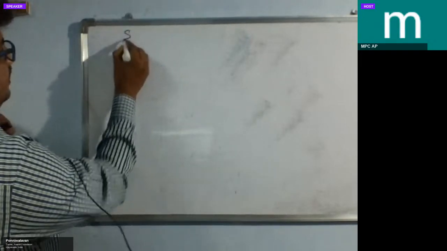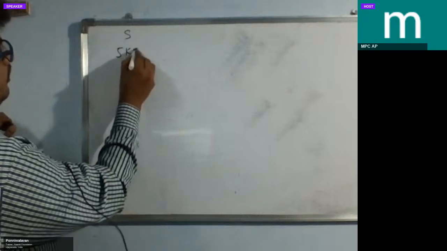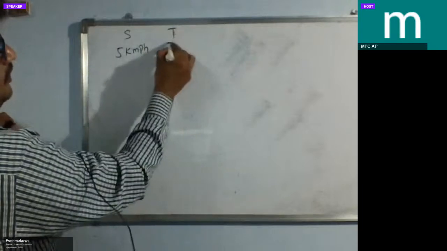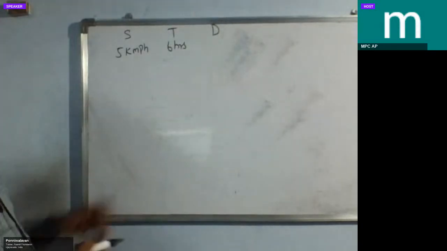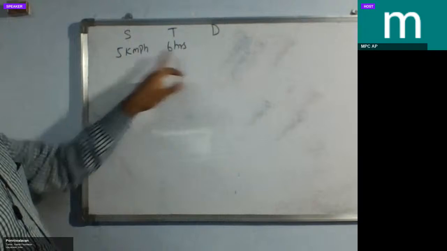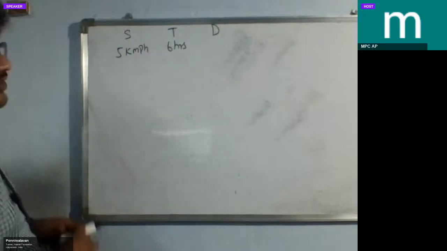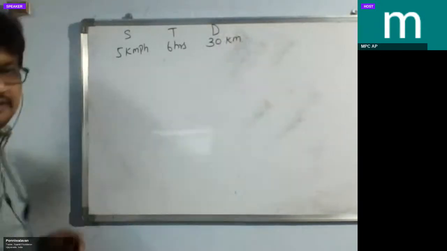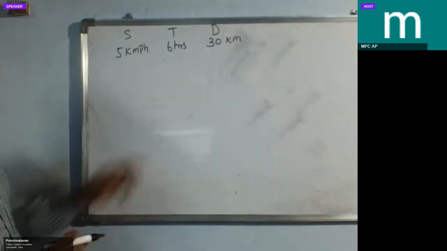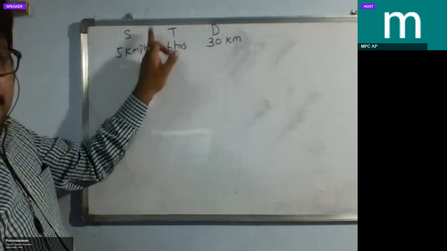What is the distance he may travel? 5 km per hour, and he traveled for 6 hours. Now, what is the total kilometer he can travel? 30 kilometer, because distance equals speed into time.